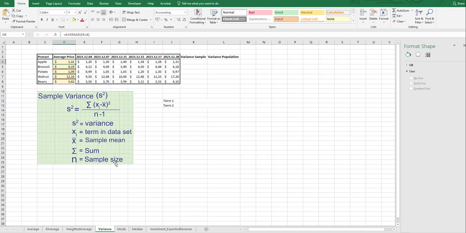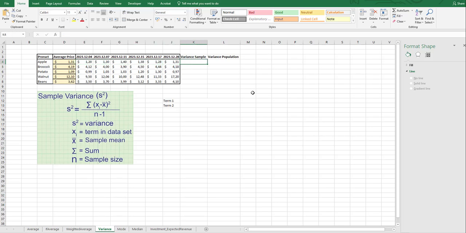N in this case is the sample size, so it's 6 minus 1, that is 5, and you take the square when you deduct the mean from the i's value. In the previous video I showed you how to calculate the average. Here I use the average formula to calculate the average price for each product.